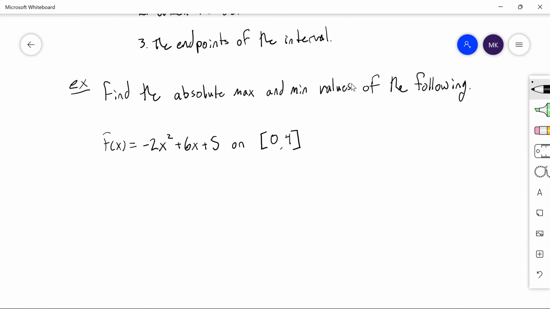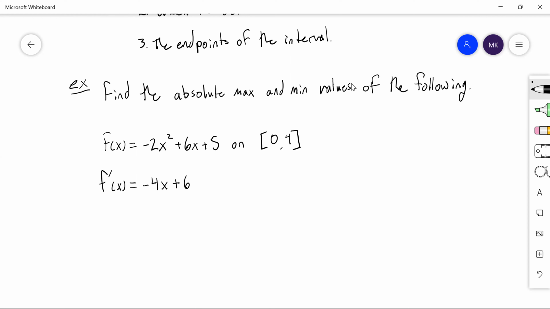So first thing we want to do is find f prime of x. So what is the derivative of this function? This one should be very easy for everybody, right? Especially after studying and taking that last test. Power rules should be a very simple process. We have negative 2x squared, negative 4x plus the derivative of 6x is just 6. 5 goes away.